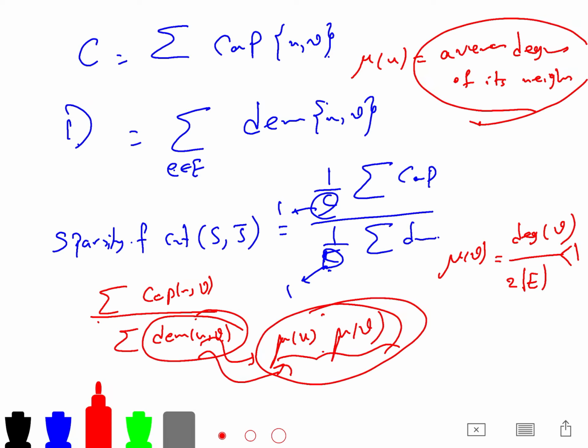And now I want to talk about the problem of ST sparsest cut.